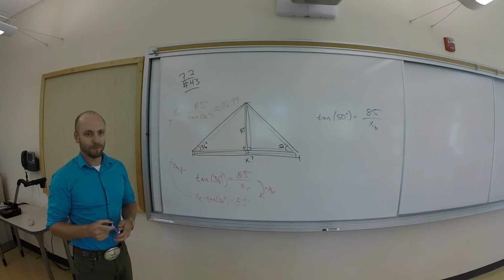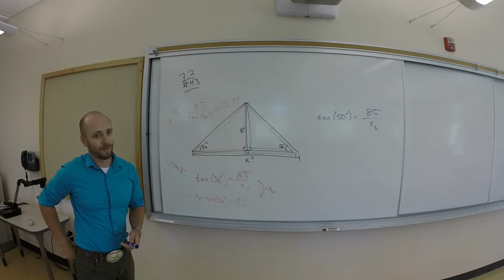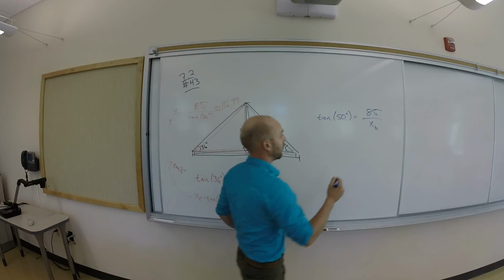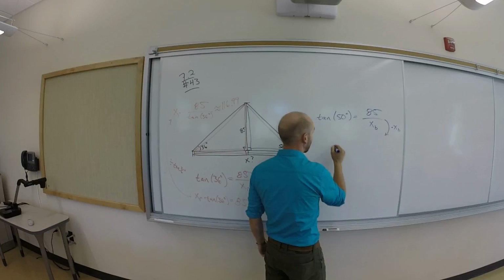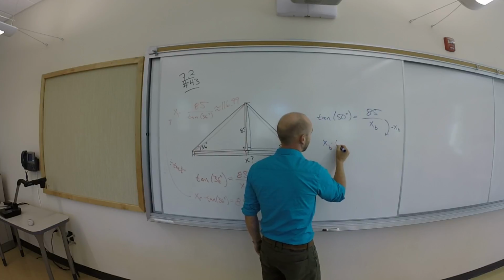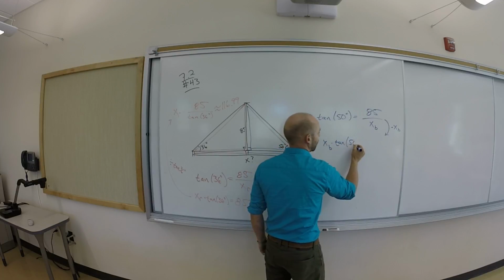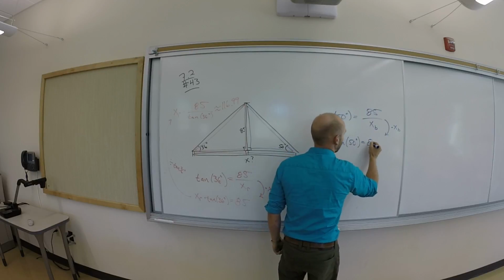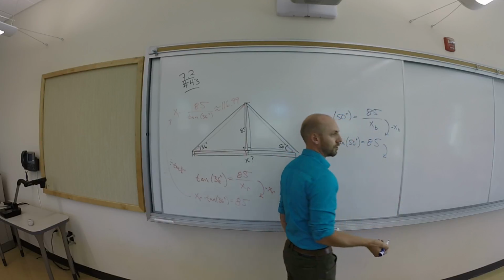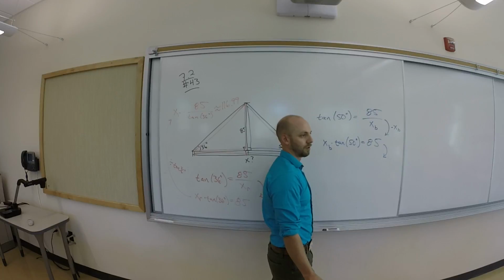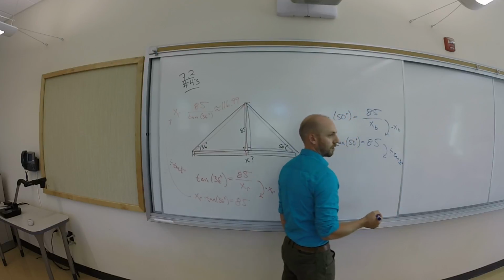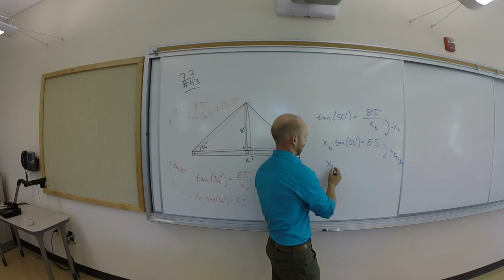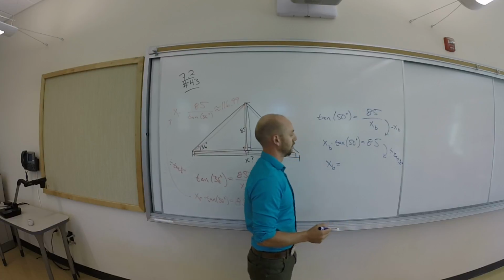All right, how about the other one? I'm going to take this guy and multiply both sides by xb. That's going to give me xb times tangent of 50 degrees is 85. Then we're going to divide by tangent of 50 degrees. We just assume that it's going to take the same form as the other one, or is that bad math?